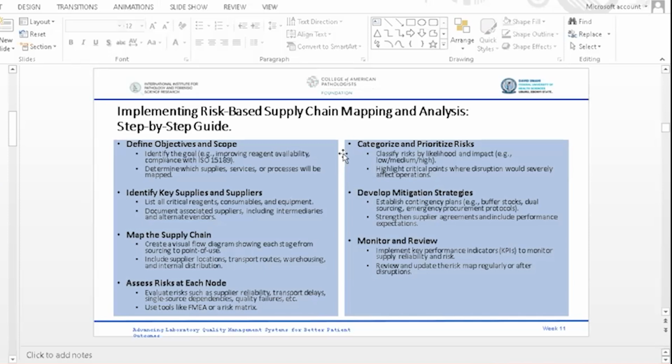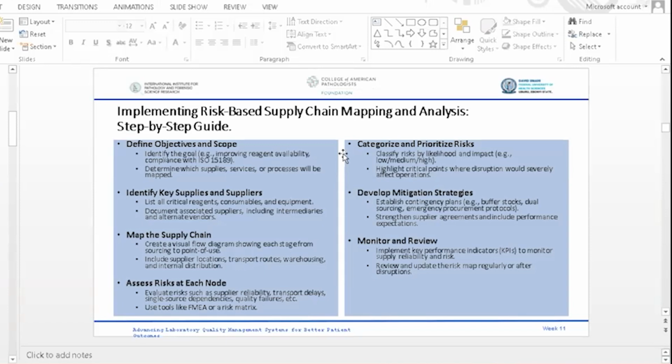Remember I mentioned monopoly earlier. So what are those reagents and consumables and equipment in the supply chain that are from a single source, quality failures, etc. You can use tools like FMEA, which we discussed the last time, failure mode effects analysis, or you can use a risk matrix.